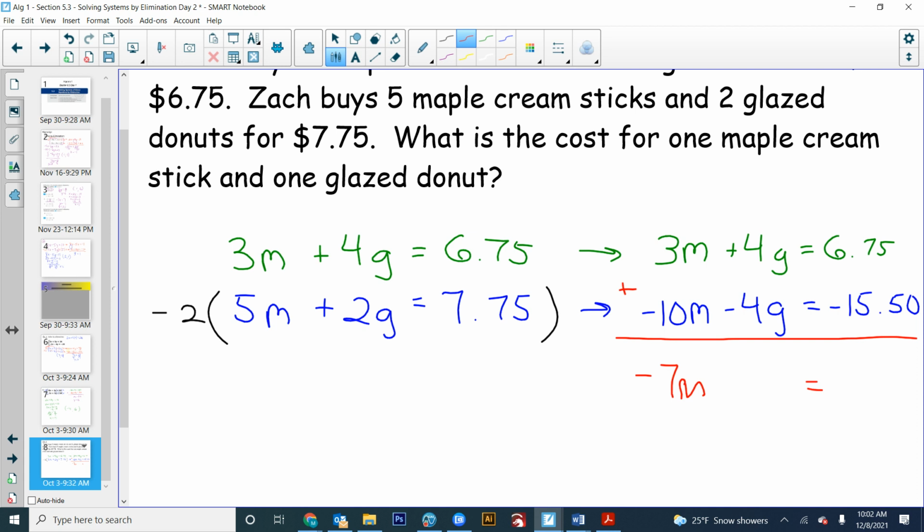Help me out. Calculator should all be out. What is it? -8.75. Did we eliminate G? Yes. Good. Divide both sides by -7.